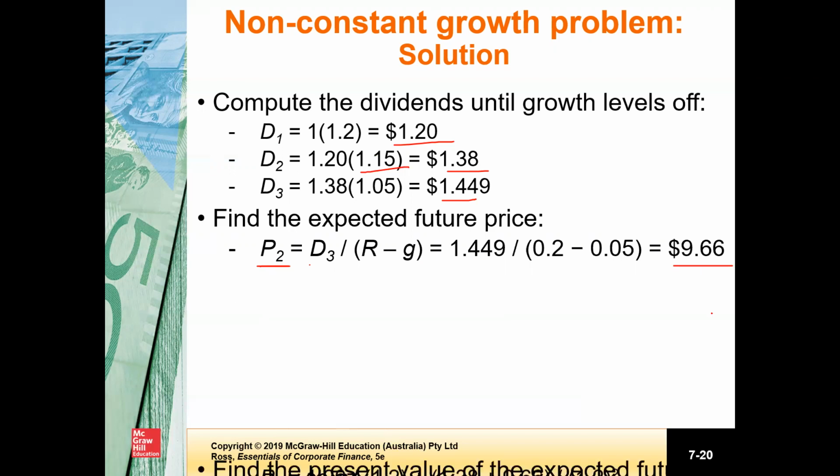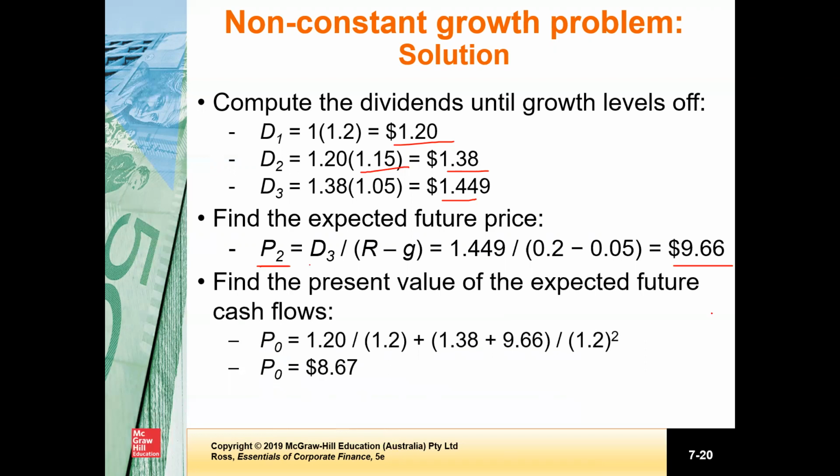Okay. So now we are ready to find out the price at time 0. So this is the present value of the year 1 dividend. This is the present value of the year 2 dividend and the price expected at the end of year 2. Okay. So the price at time 0 should be $8.67, which means that you should be willing to pay 8.67 to buy this share.